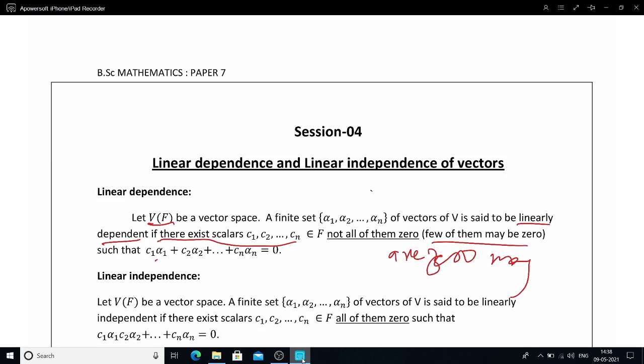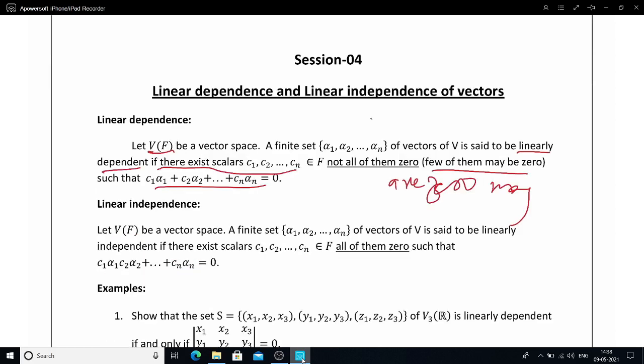Linearly dependent. The difference between these two definitions is here: if it is linearly independent, all the scalar values are 0. If it is linearly dependent, not necessarily all the scalar values must be 0. It means at least one scalar value is non-zero.